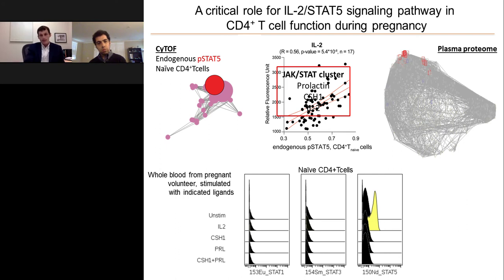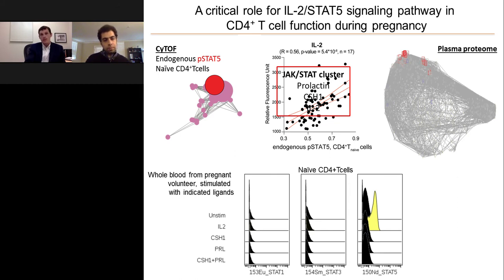Now, absence of evidence is not evidence of absence, but perhaps what is happening is that the interaction between CHS1 and the STAT5 feature is indirectly mediated by the tight correlation that we're observing with the IL-2 concentration in plasma from women collected at the same time as we're doing the CyTOF data.